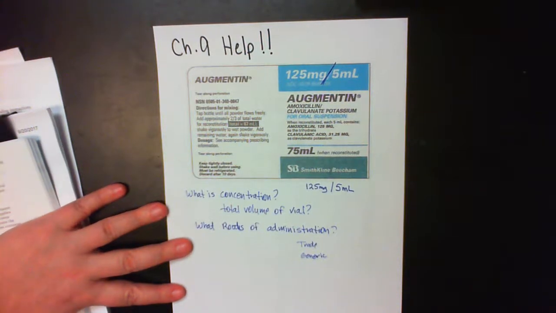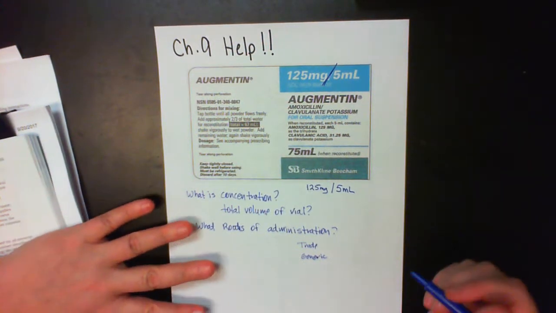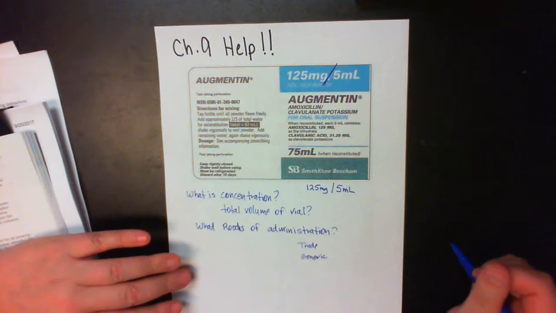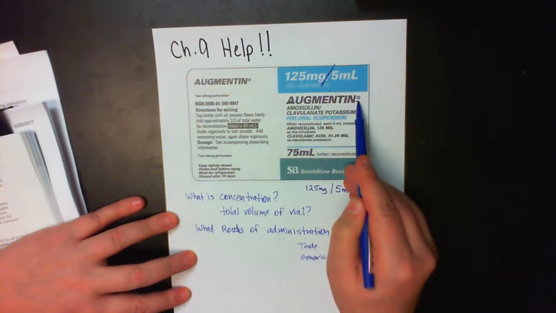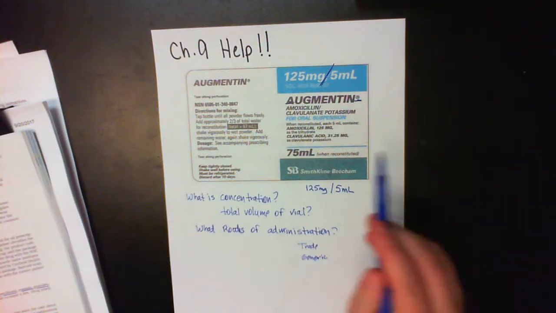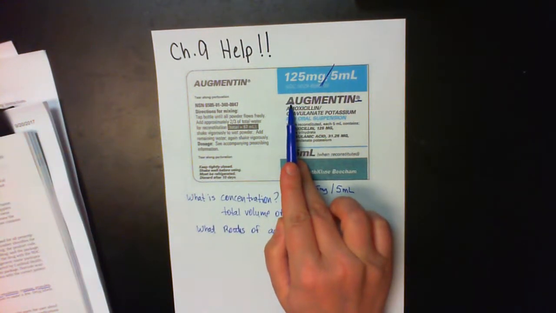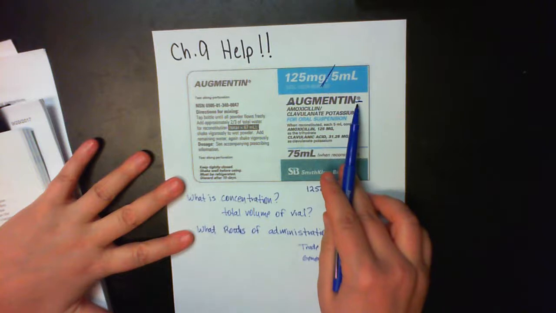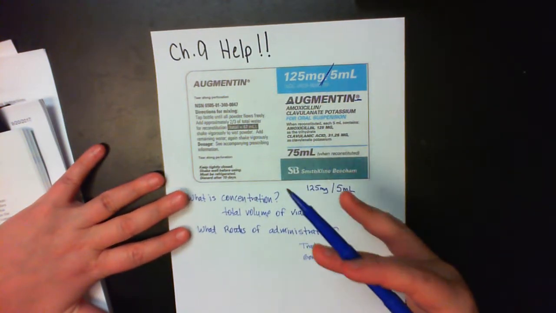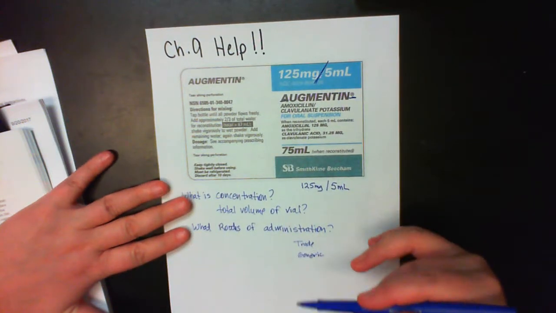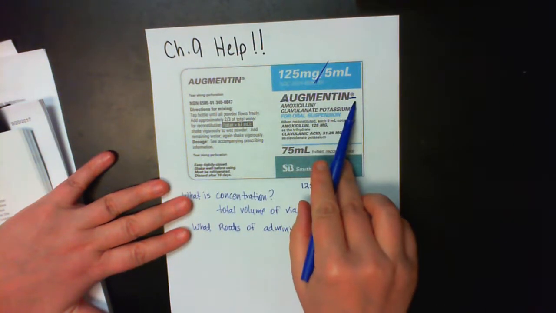So when you were looking through this text, you should have realized that trade names are always capitalized, and they're followed by a trademark symbol. In this one, it's capitalized with an A, and then it has an R, which means that it's trademarked. This Augmentin is made by this company, and this is their trademark drug.